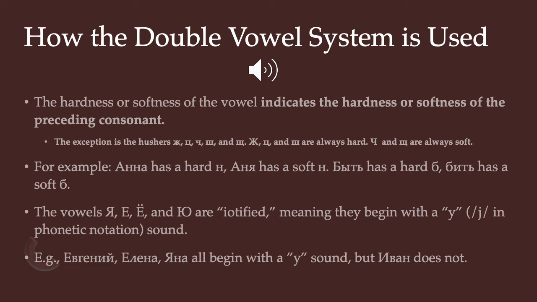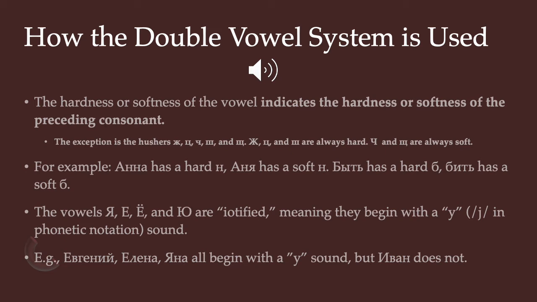Another thing to know about the vowels is that the soft vowels ya, ye, yo, and yu are what is called yodified, meaning they begin with a ya sound, often written as a J in phonetic notation. And so you can hear it. We have ya, ye, yo, and yu.